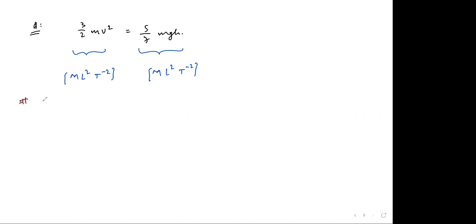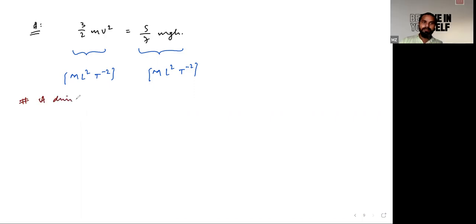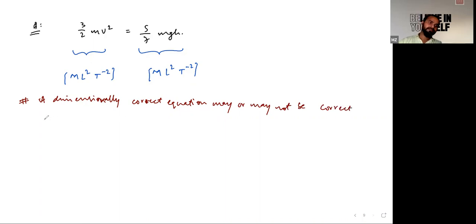Okay, so we can say a dimensionally correct equation may or may not be correct, but a dimensionally incorrect equation is always wrong.